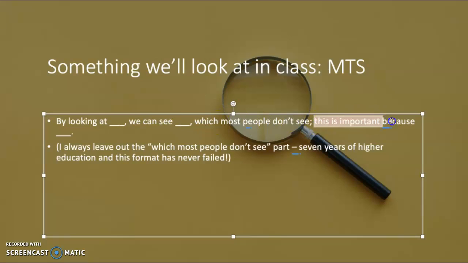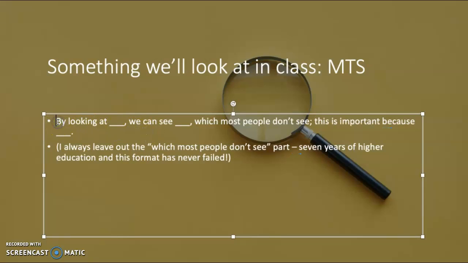And then it does this. This is important because, and it gives you this kind of so what question. Why are you making this argument? Why is it important? And that structure here at least helps me work through organizing my thoughts.